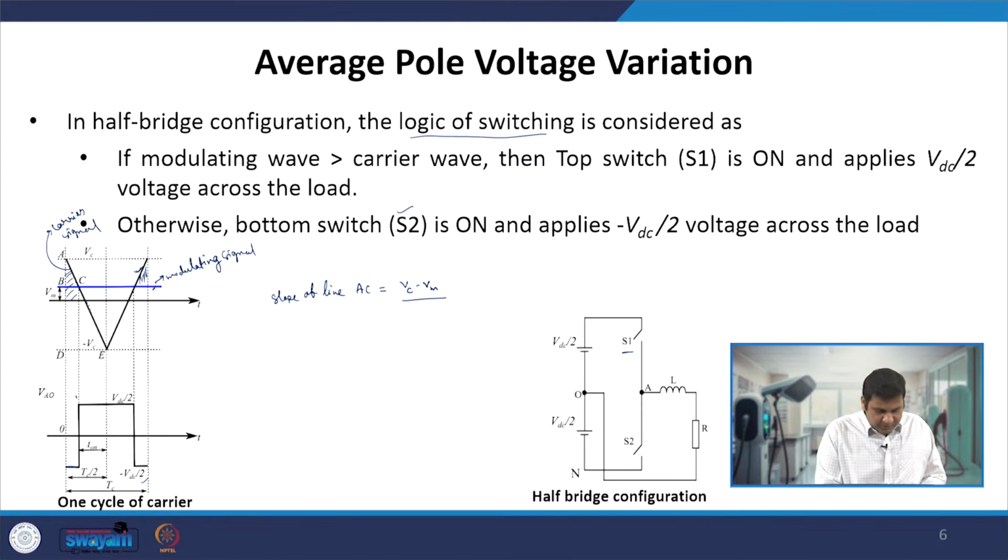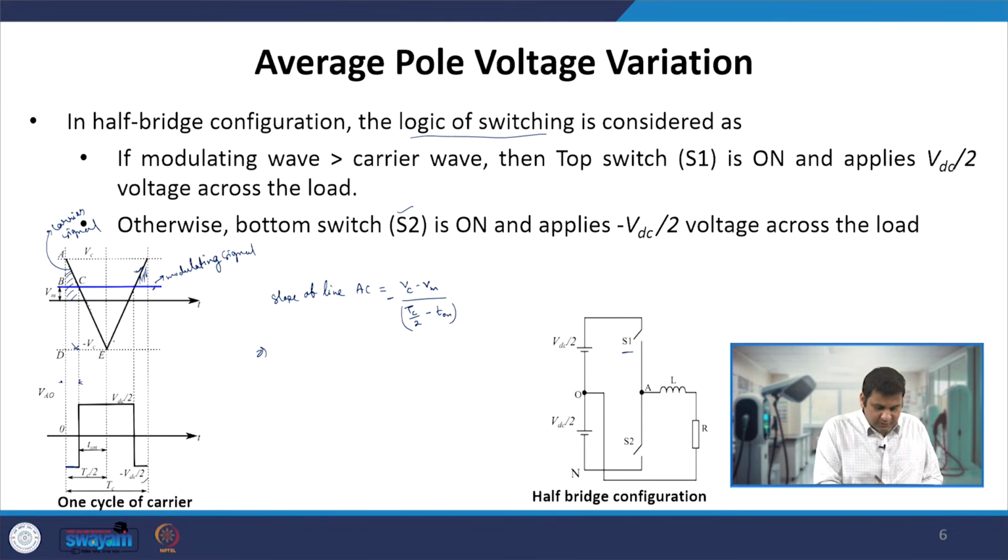If this is T equal to 0, then this point is at Tc by 2 minus T on. So the slope of this line is Vc minus Vm divided by Tc by 2 minus T on.